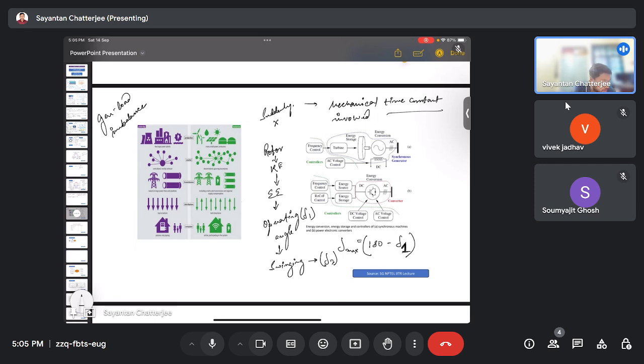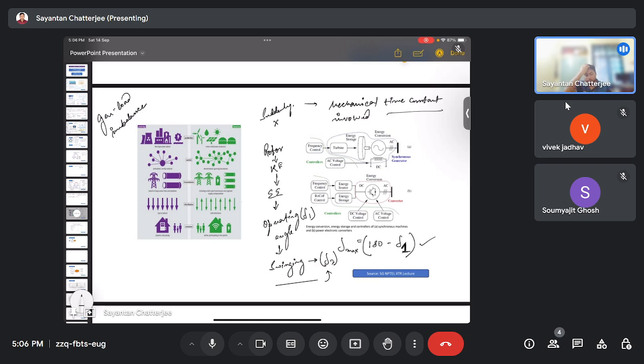If it goes beyond this, then the machine would be desynchronized at that very point, and less than that it will swing and swing, and after swinging for some time, it will settle to its new delta.